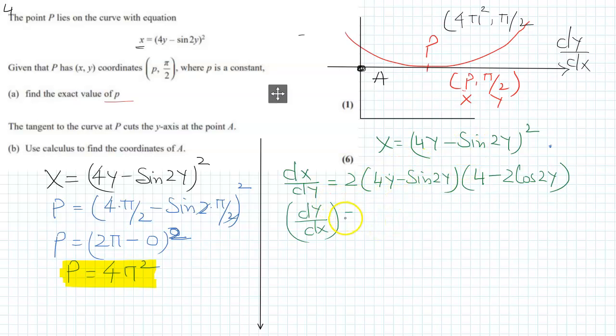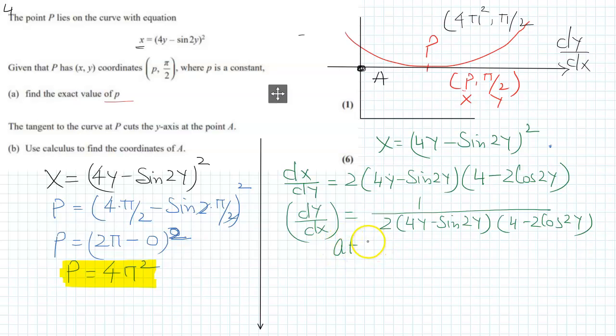So dy/dx is equal to 1 over 2(4y − sin 2y)(4 − 2cos 2y). We have x equal to 4π², but we don't have x in this expression, so we use y equal to π/2. Hope you understand why we are not able to put the x value here.